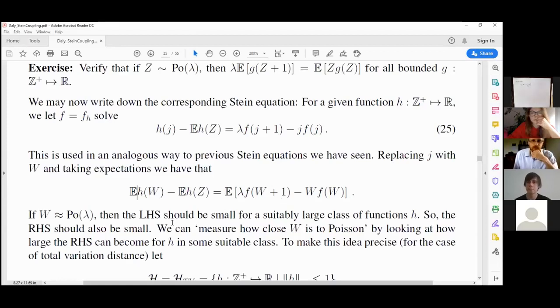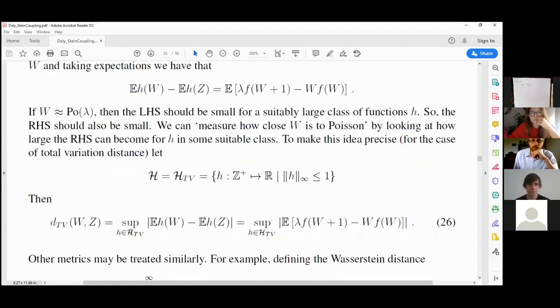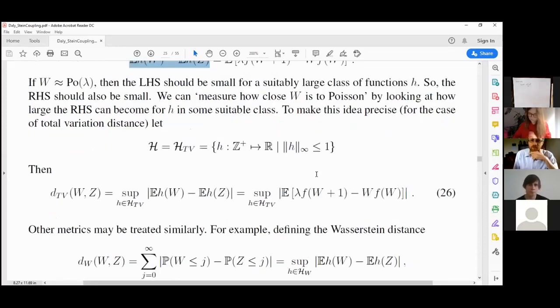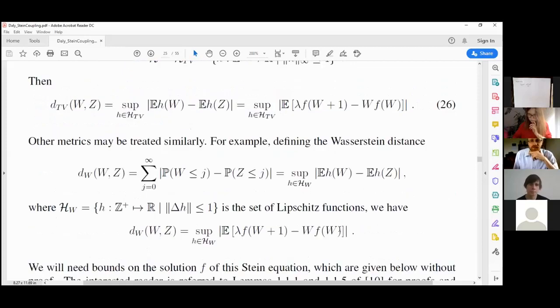Okay, so as we said, we'll think mostly about total variation distance, where we're just going to take these test functions h to be bounded, say bounded by 1. We can always normalize it. We could do Wasserstein distance if we wanted to and take the class of Lipschitz functions instead.